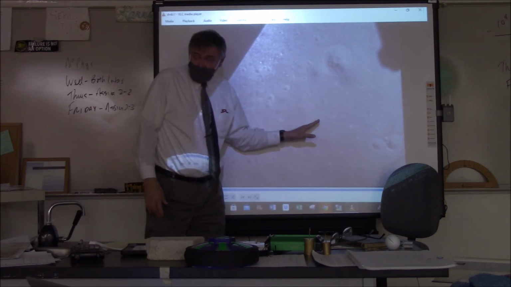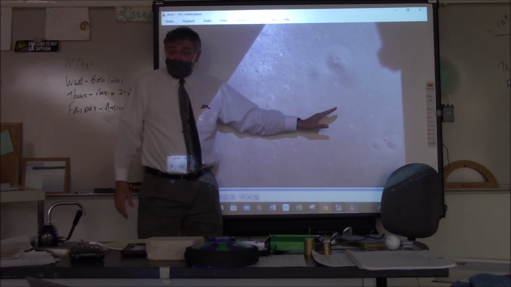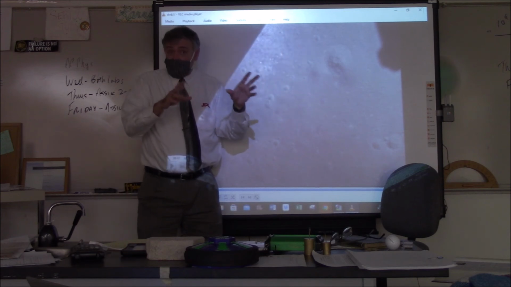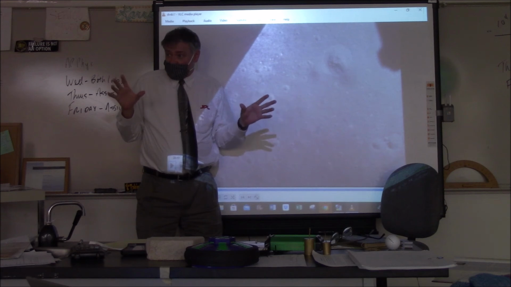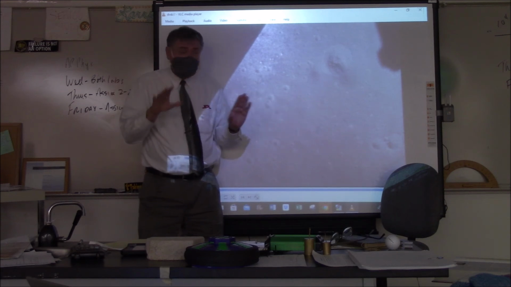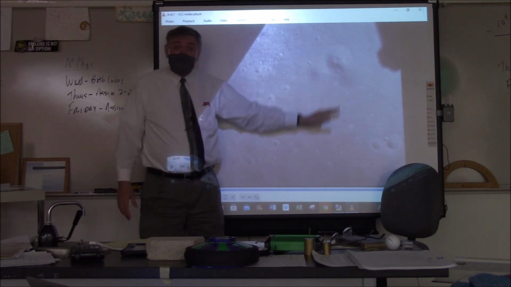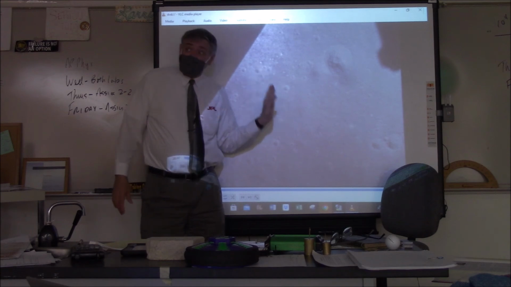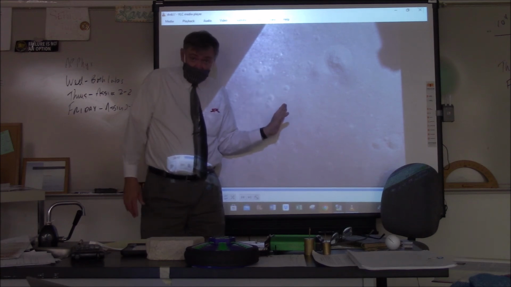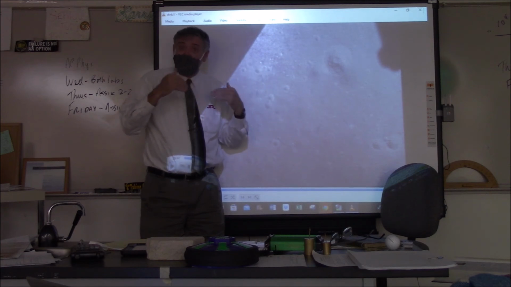On the moon, where the acceleration due to gravity is negative 1.7 meters per second squared, you take 5,000 times negative 1.7 and get around negative 8,000 newtons. So on the moon, even though it's the same mass, you only need about 8,000 newtons of force to get it off. On the Earth, you need about 50,000 newtons. Okay? So that's why it's easier to launch from the moon than from the Earth.